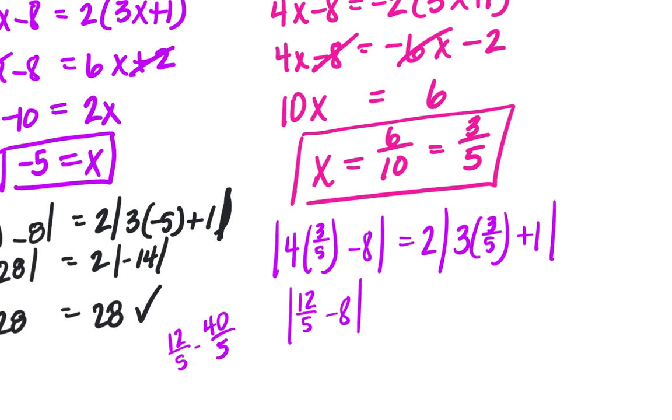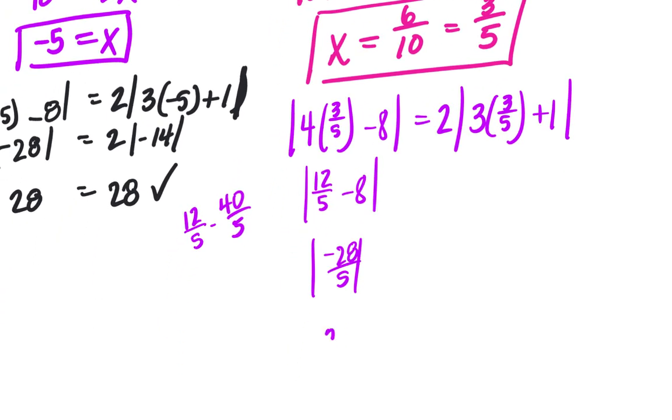So this is really going to be negative 28 over 5, which we know is really 28 over 5. Now I'm going to do the same thing.